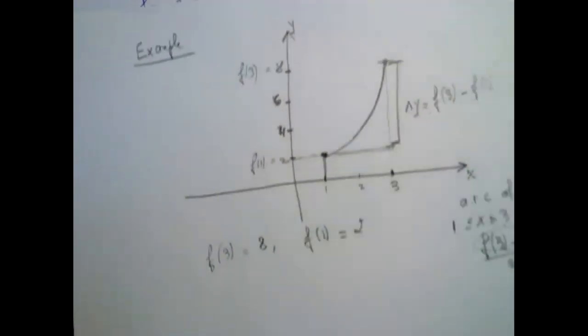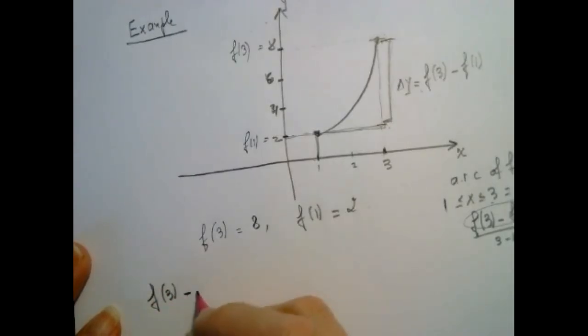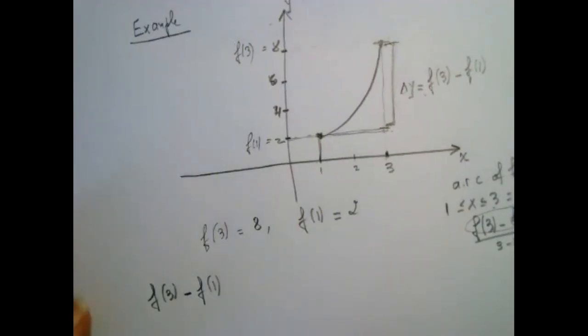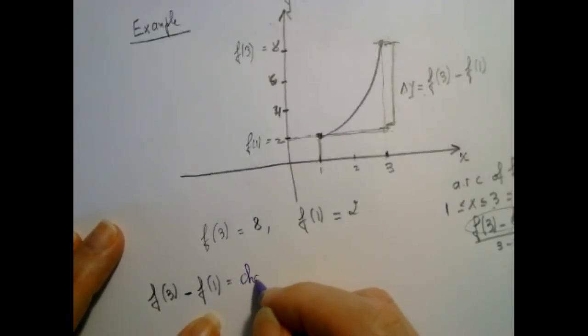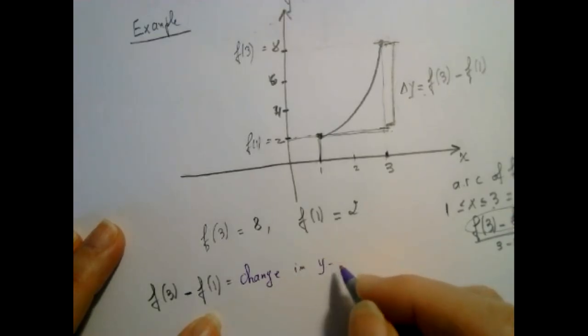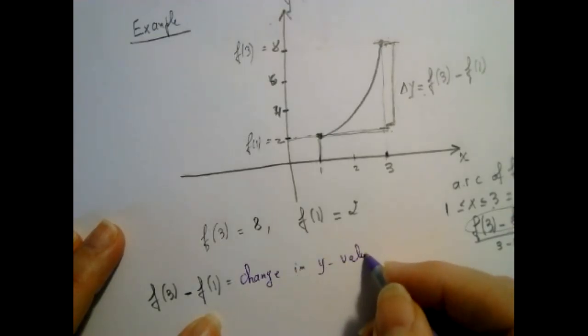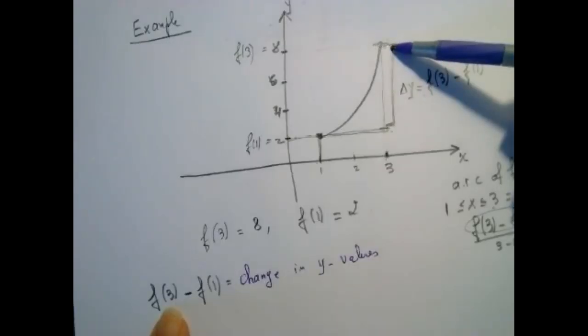Okay, so step number 1, we're going to understand what f of 3 minus f of 1 represents. It is the change in the y value, how much the y value changed. It was at 2 for x equals 1, then it moves all the way to 8.